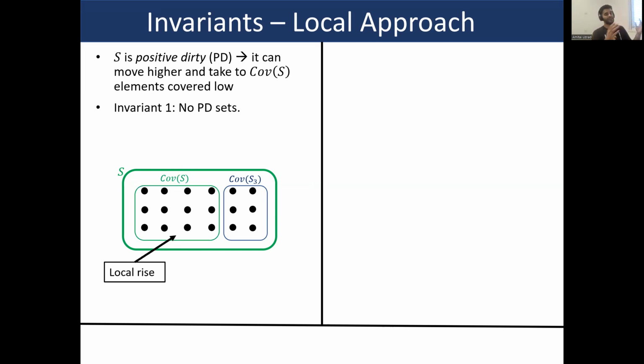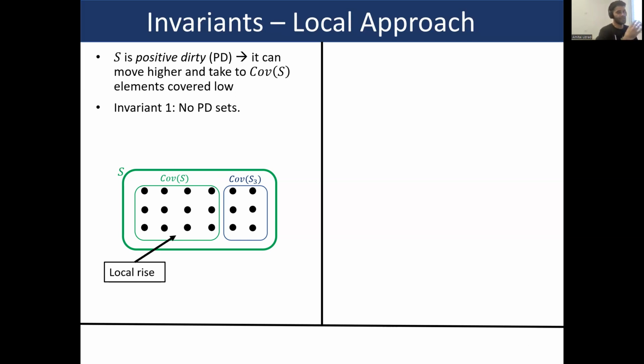If S can take all of these elements to a higher level and we create cov S at a higher level such that it is clean, meaning that the size of cov S over the cost of S is in a clean range, between beta to the j and beta to the j plus 1, and this j is higher than all the levels they were in, then we call this a local rise. If that's the case, then S is called PD, positive dirty, and we just do a local rise, so it's not dirty anymore.